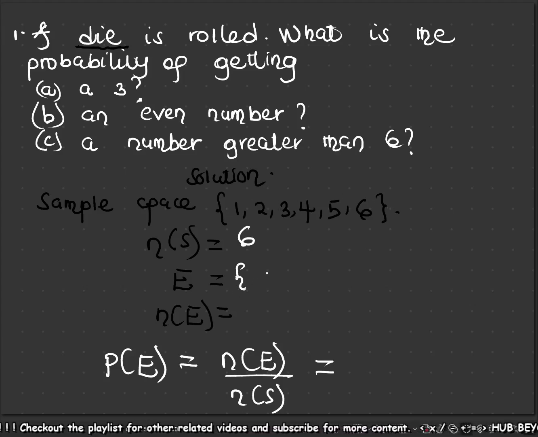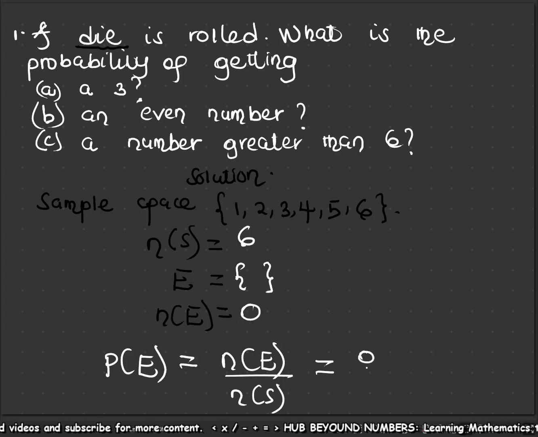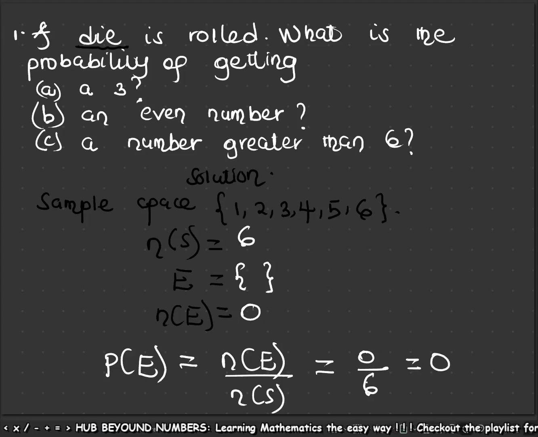So it is actually a null set, and the null set has just 0 elements. Hence, the probability is 0 over the number of elements in the sample space, which is 6. And you know 0 over anything is still 0. So the probability that you are going to get a number greater than 6 when you roll a die is 0. And that simply means it is impossible. You remember, we said a probability of 0 means it is impossible to occur.